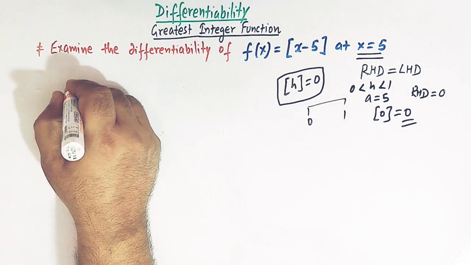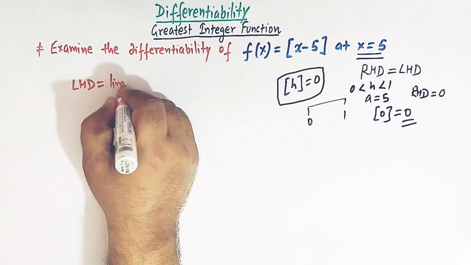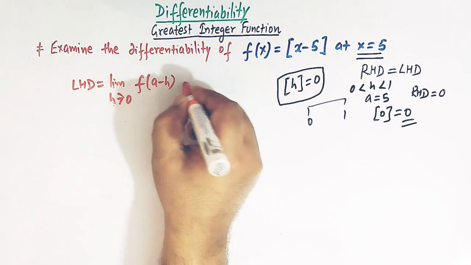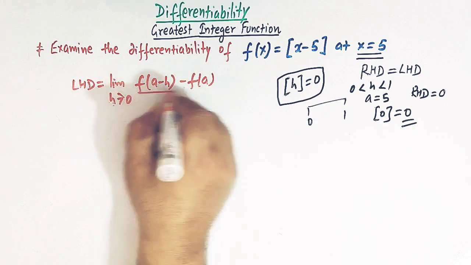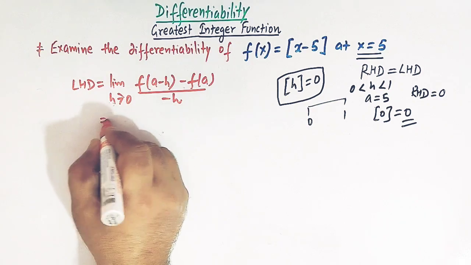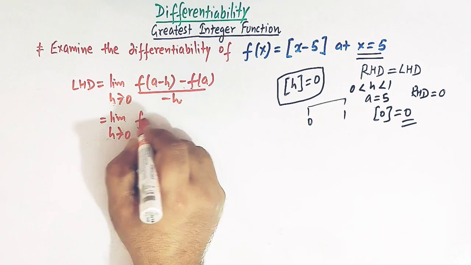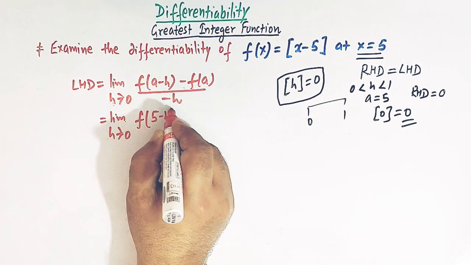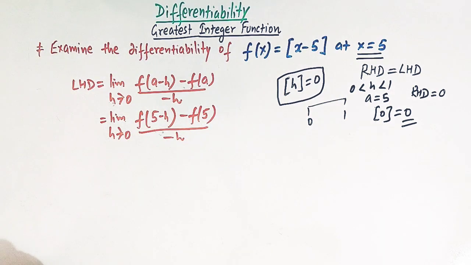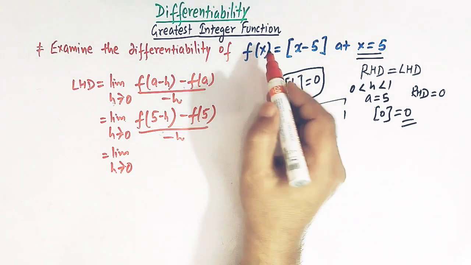Now let us find the left hand derivative. The left hand derivative is defined by the limit h tends to 0 of f of a minus h minus f of a divided by minus h. Again a is 5, so we have f of 5 minus h minus f of 5, divided by minus h.